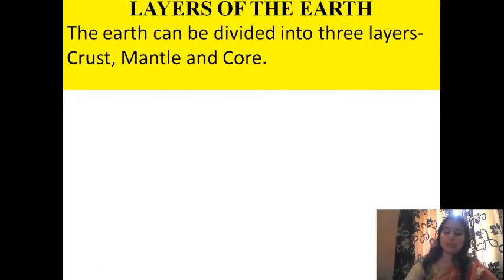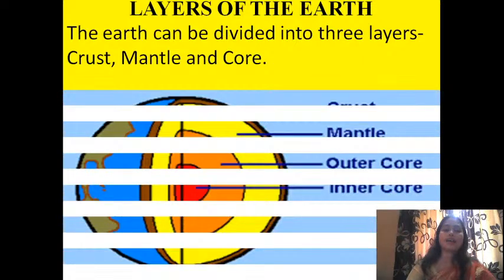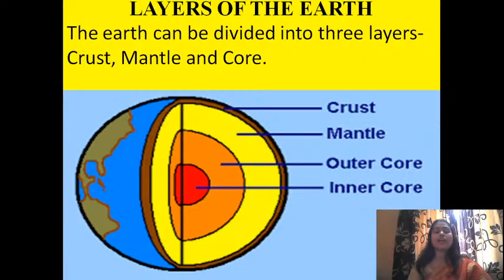Through the diagram you can understand easily. Crust is the outermost layer of the earth, what we see as soil and mountains. I already showed that in the previous slide. So this is the crust.